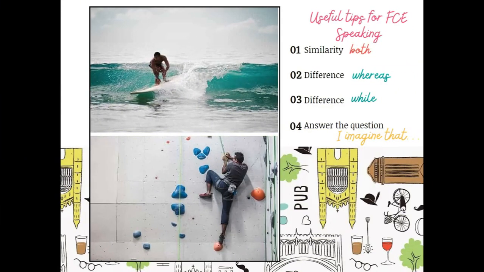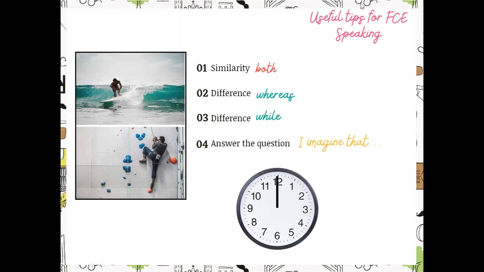Okay, we have practiced the order of the ideas. Now we're going to see if we can fit these ideas into 1 minute. Ready, steady, go. Both pictures show people practicing extreme sports. Whereas this man is indoors, the other one is having a feeling of freedom outdoors.